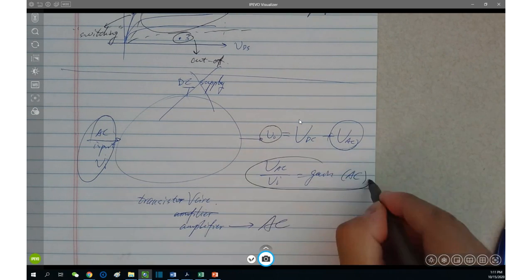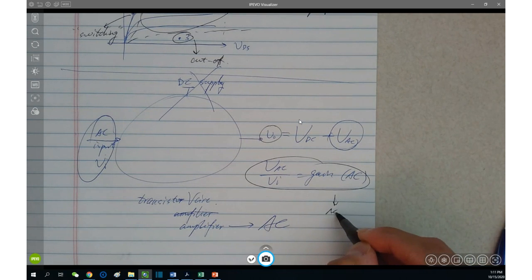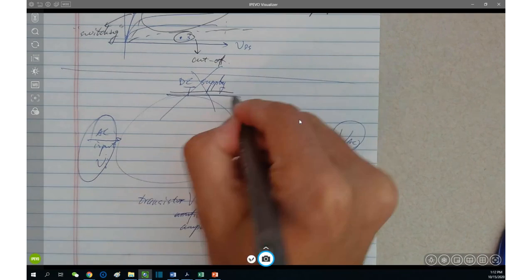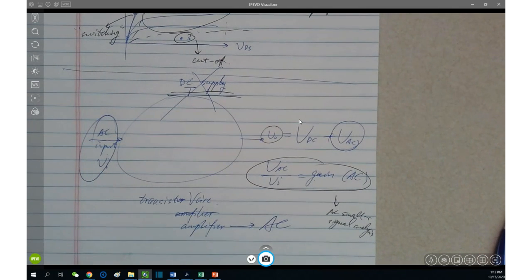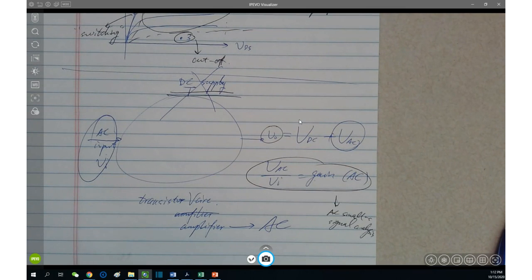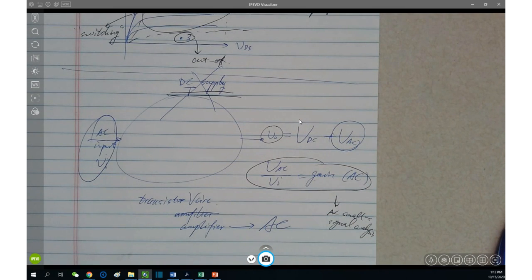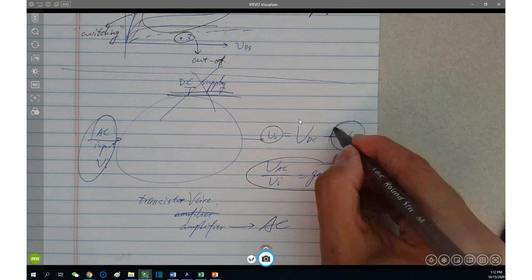This is what our AC small signal analysis is for. Find this gain. So once again, DC is responsible for locating your operation point into the proper region. AC analysis is for finding the AC gain.